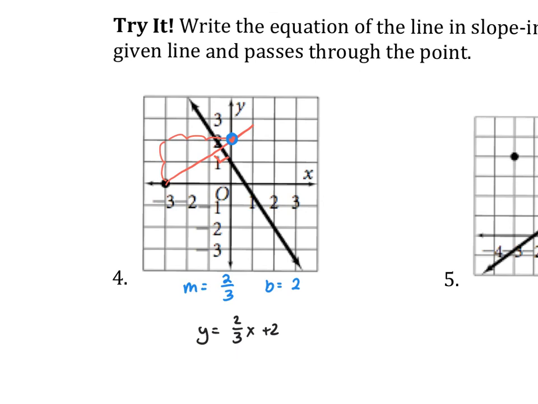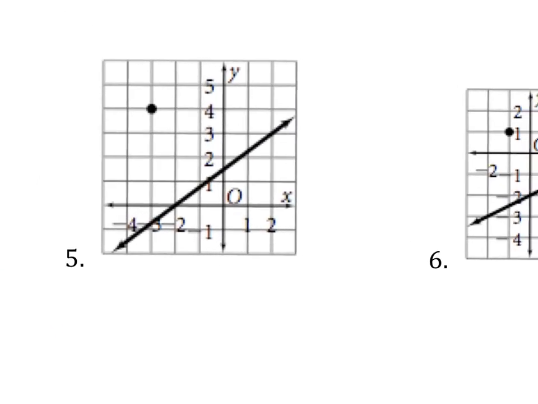Notice there wasn't really any work doing. All I did was evaluate the slope and then see where it crossed the y-axis. The same thing can be done over here. What's the slope of this line right here? It looks like it passes neatly through here and through there. So 1, 2, 3, 1, 2, 3, 4.